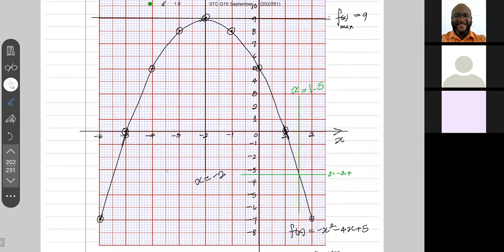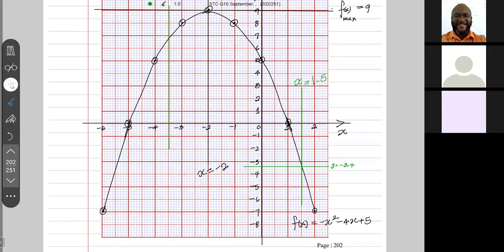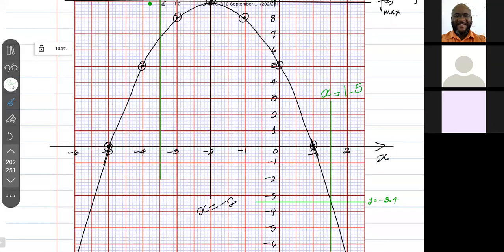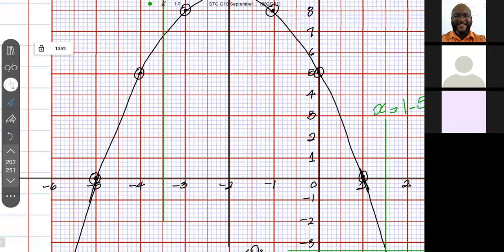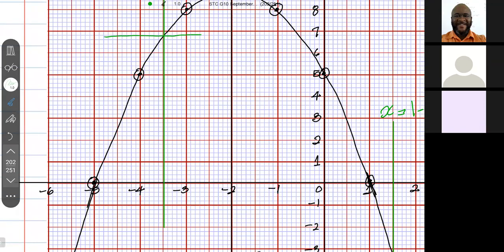All right. Next, we need to determine the point on the graph where x is minus 3.5. Minus 3.5 is in the dead middle between minus 3 and minus 4. That's where you get minus 3.5. You draw the line until it reaches the graph. So that cuts the graph here.